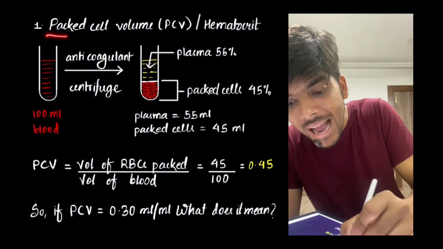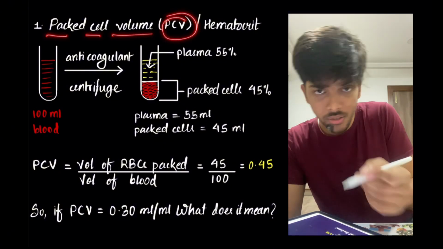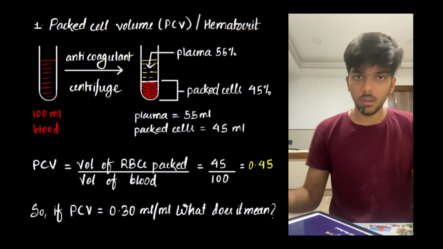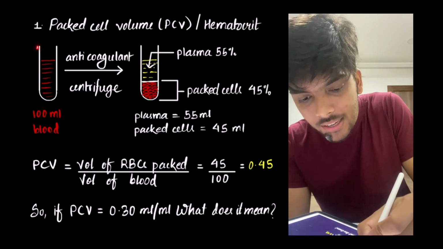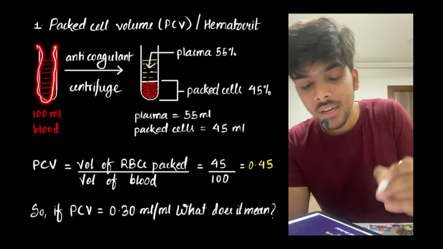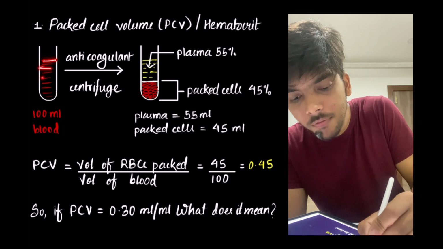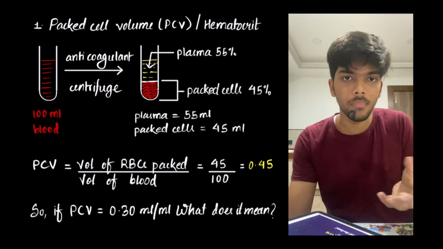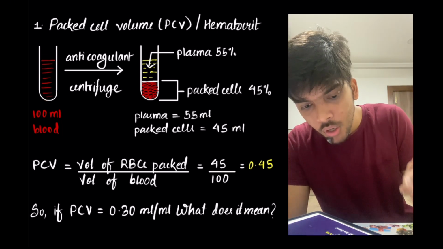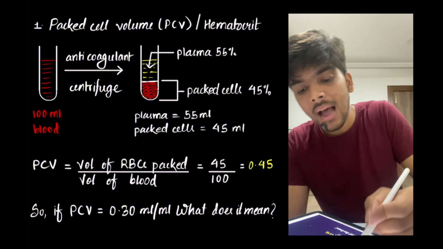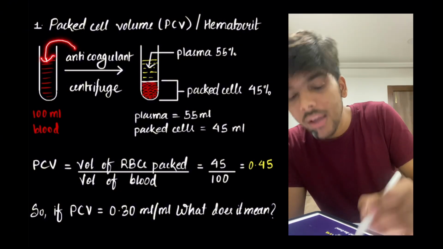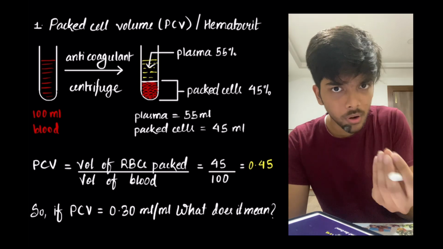First, packed cell volume, PCV, which is also called hematocrit. What I do is take a test tube. This test tube is filled with 100 ml of blood which I have drawn from a healthy individual. To this 100 ml of blood, I add an anticoagulant. Why? In order to prevent coagulation of blood from occurring.